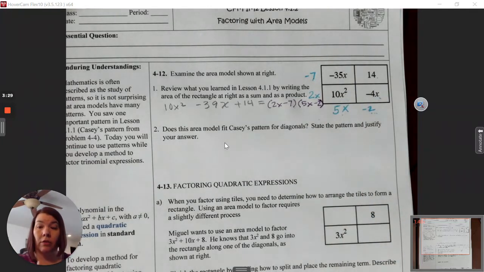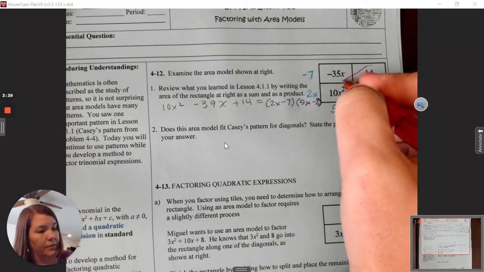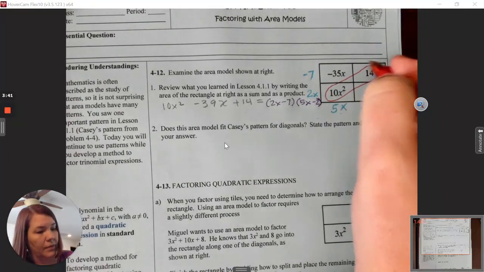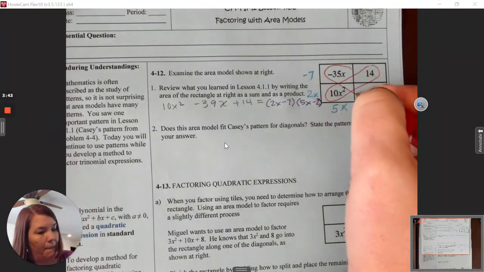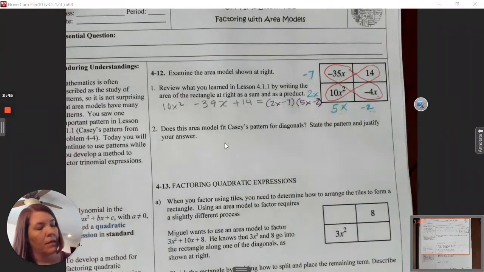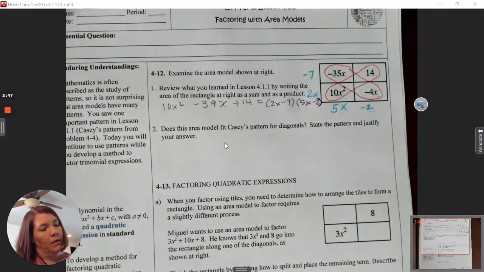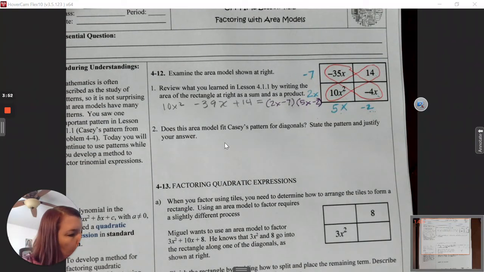Now, let's take a look at what we saw with Casey's pattern. We saw that if you look at something with the diagonals and what was happening with them. So what do I see?